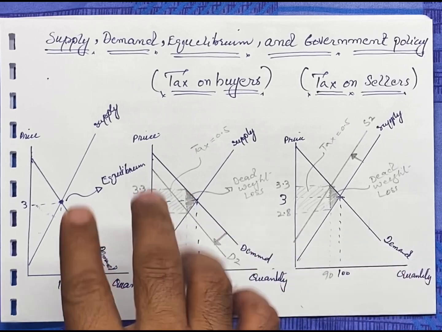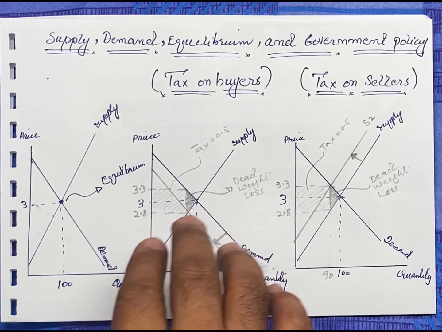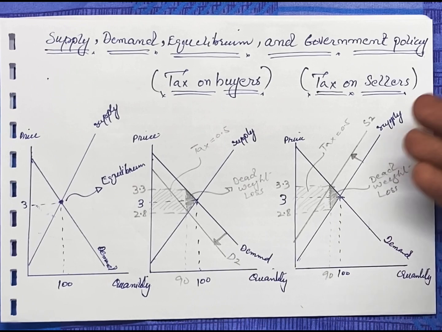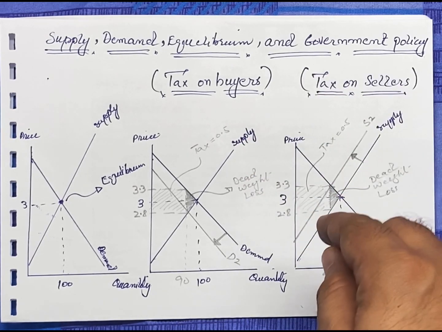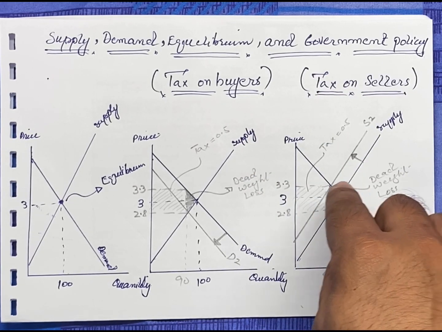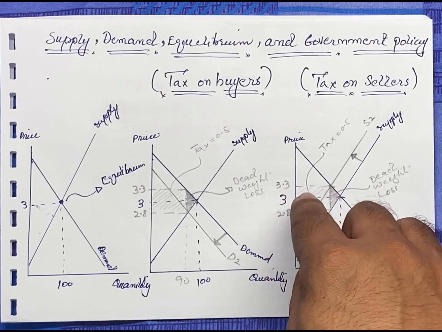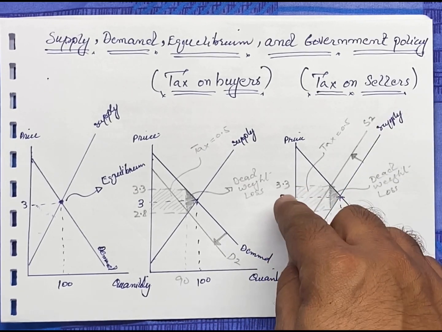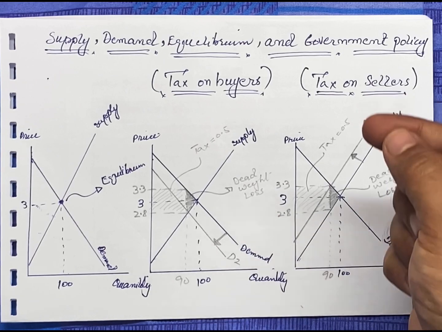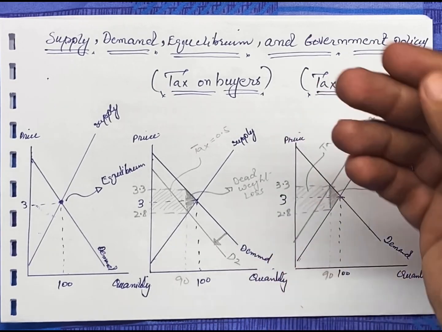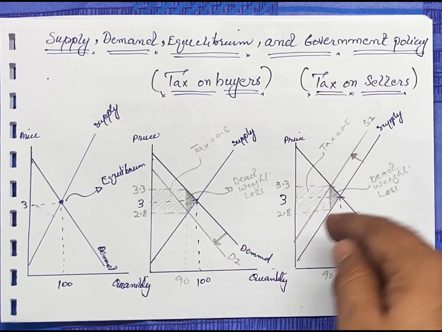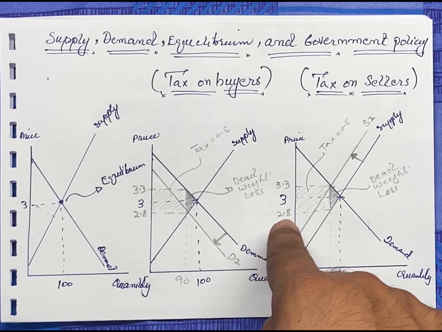But you can see the price is almost the same because our elasticity is the same. So 3.3 will be the price at which the product will be sold, and the buyer will pay 3.3, and the seller will receive 2.8.